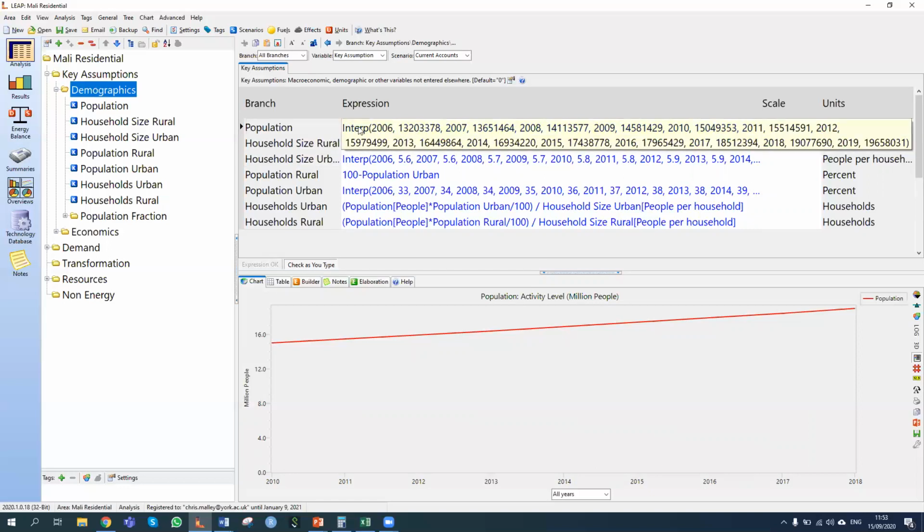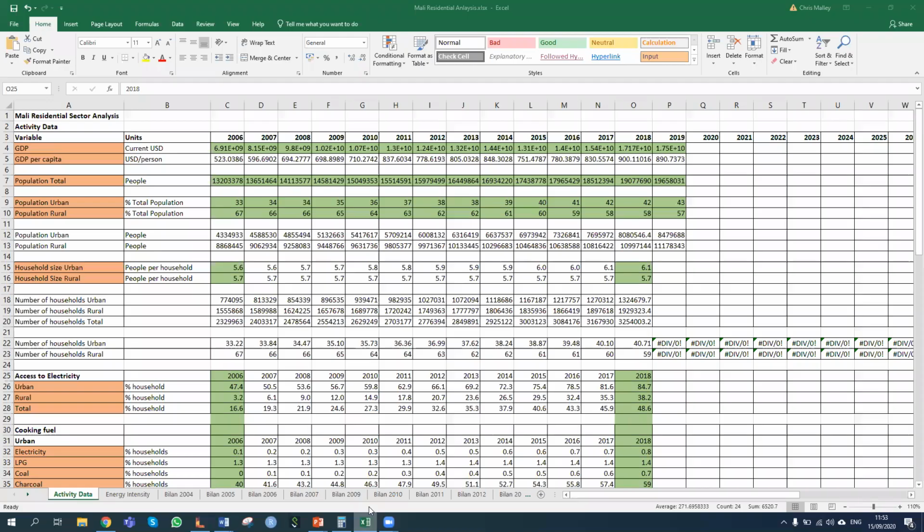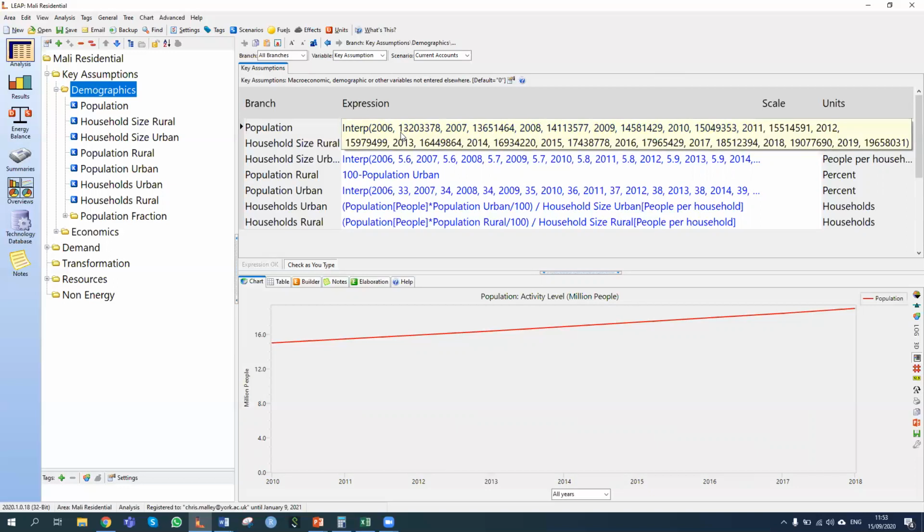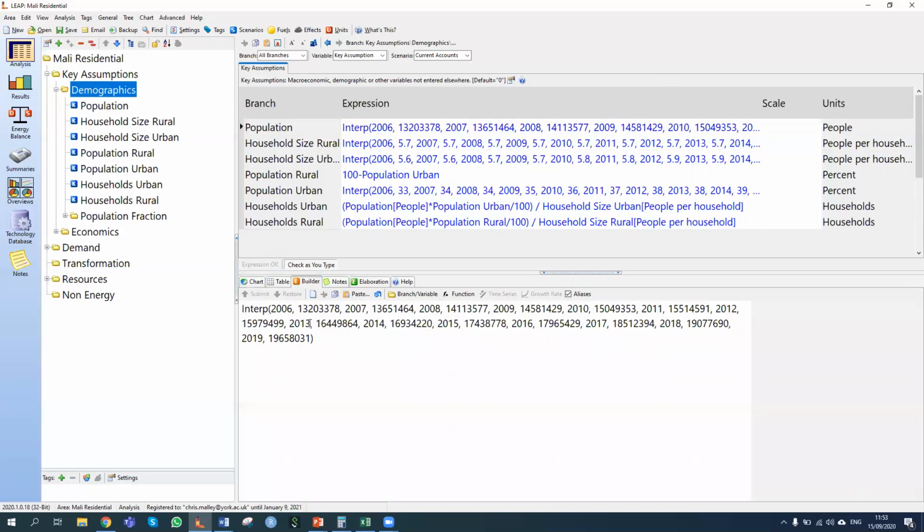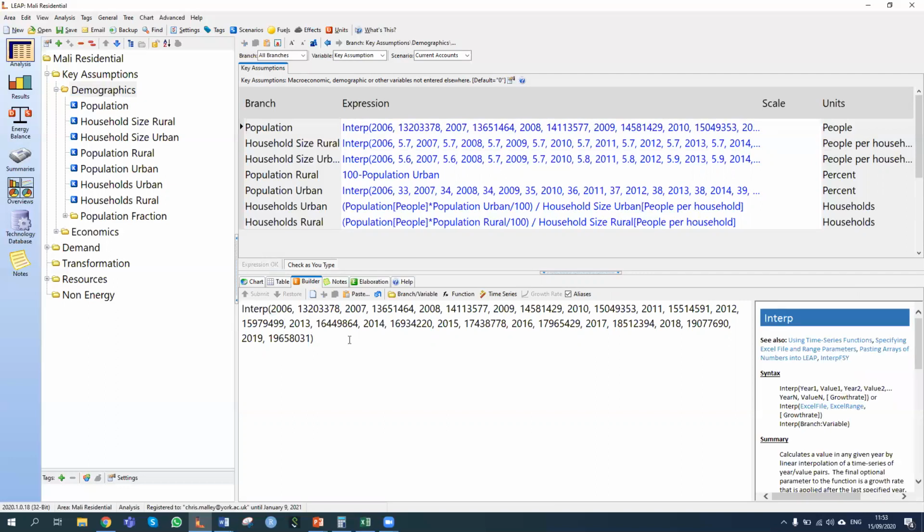So we can see here that the values entered here in LEAP for the population are the same as the values here between 2006 and 2019. We've entered them directly. The way that they have been entered in LEAP is using an expression, or a little equation, using a function called Interp.